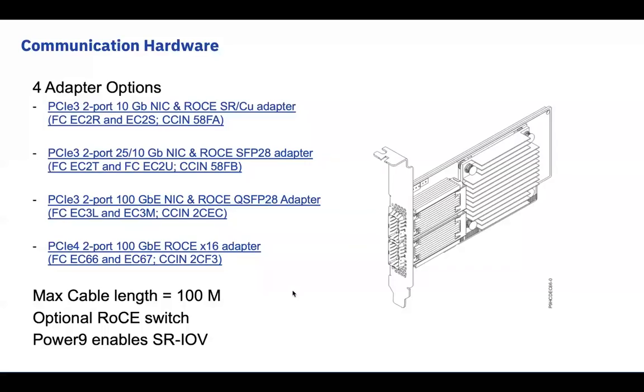So that's the big difference: you get more adapter types on Power 9 than Power 8, and you get SR-IOV. The other key thing with these 100 gig adapters is they have to go into the system CEC units. They can't go into the expansion drawers. So you have to watch your card placement and architecture when you're trying to place these adapters. The 10 gig adapters are the ones that can go in drawers.